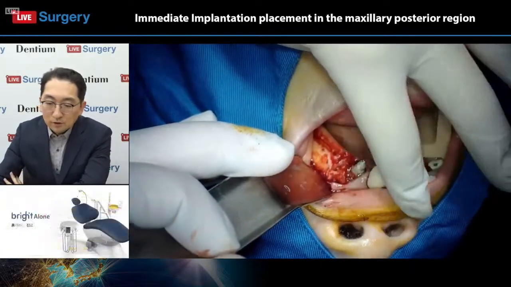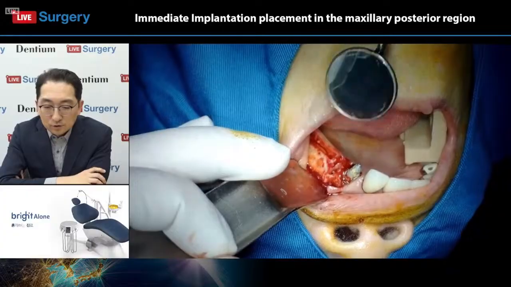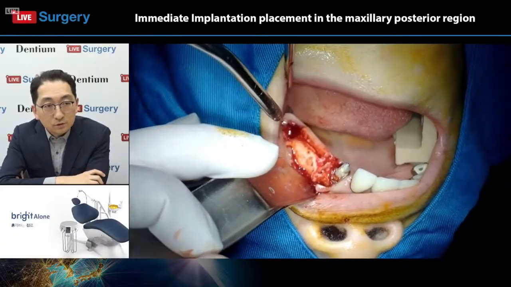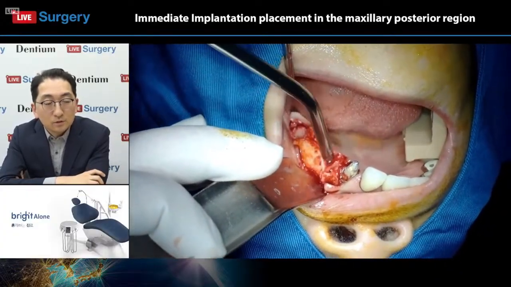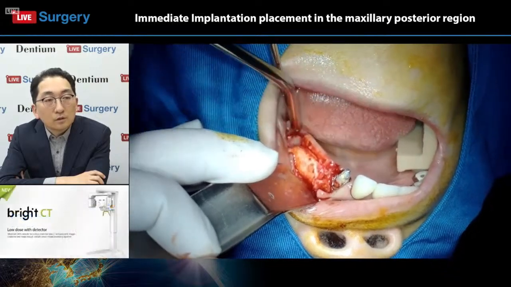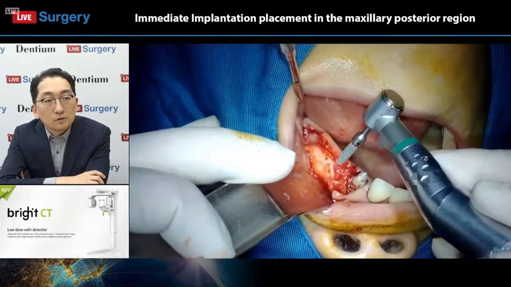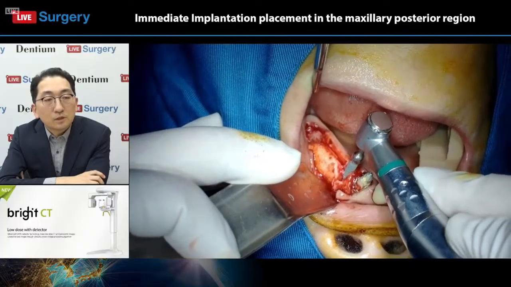Yeah, drilling is completed with just a 2 sequence drill, because I will use a 3 millimeter diameter fixture.